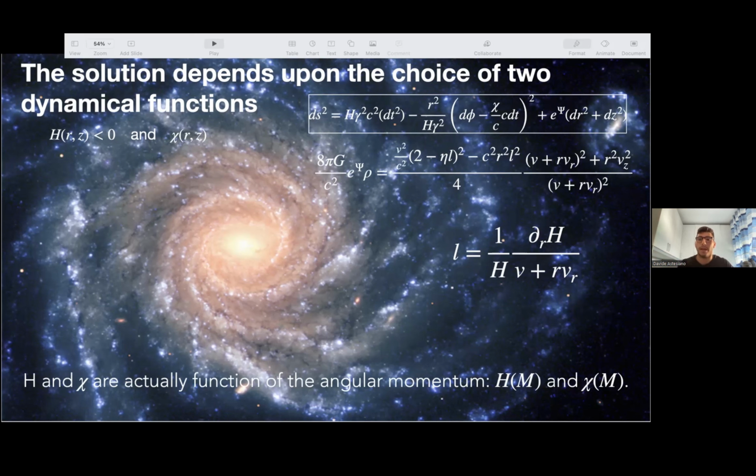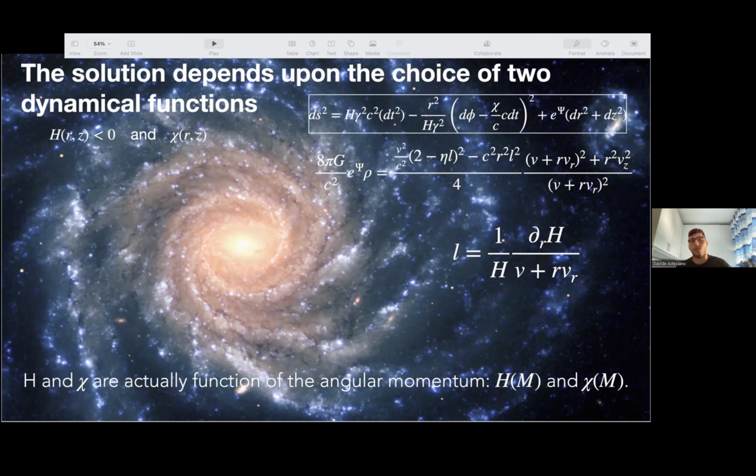It means that from this term, we have L. L is kind of the logarithmic derivative of h. So if we choose h, we get L, and you can reduce the energy density needed to sustain the motion. So you can, for example, measure v, and then you choose h to fix the energy density. Clearly, here you have a dark matter effect.